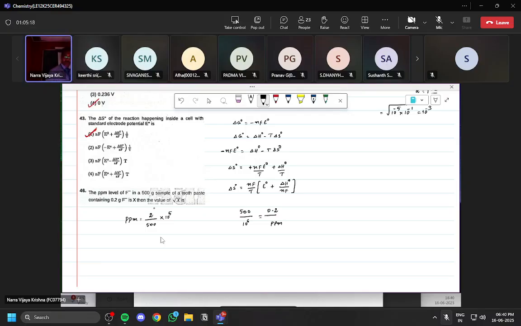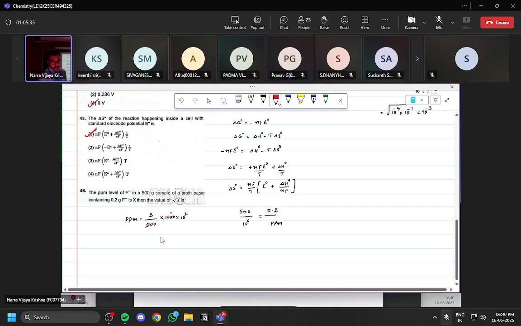Now this 10 power 5 I am writing as 1000 into 10 square. So the total value is 4 into 10 square. This is the ppm value. Then what is root x?